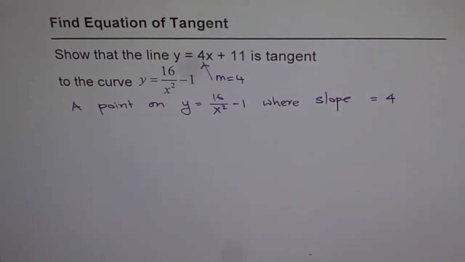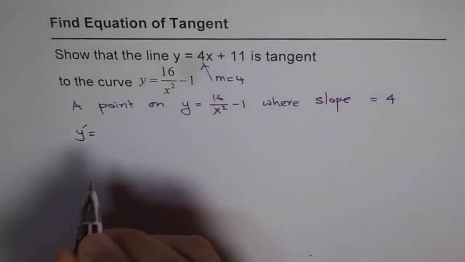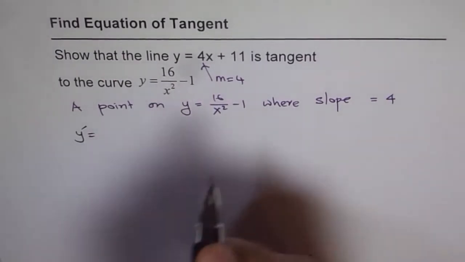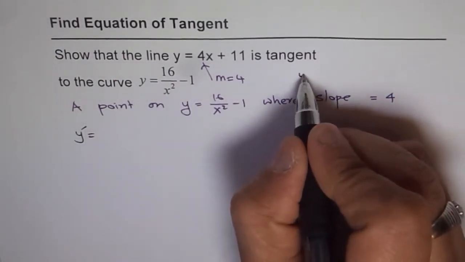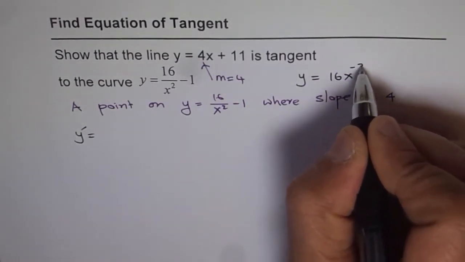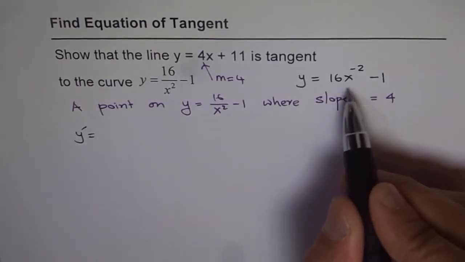Now, let's find the derivative, since the derivative gives us the slope at any point on the curve. Let me write the function as y equals 16 x to the power of minus 2 minus 1, right? Writing like this helps, we can use the power rule.